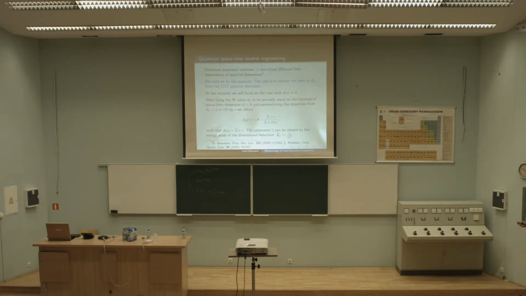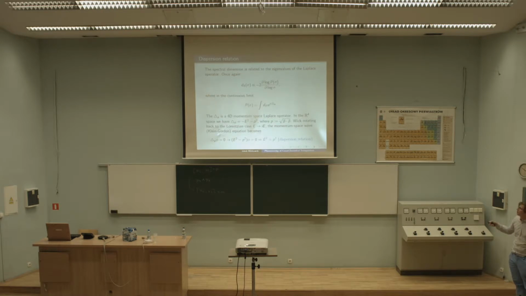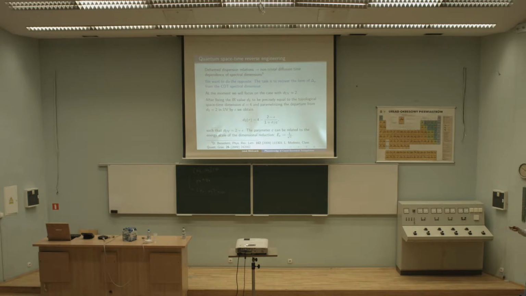In general, for the different possible Laplace operators, which are defined not on the Euclidean spaces, we expect that the diffusion time dependence of the spectral dimension will be different than the classical one.